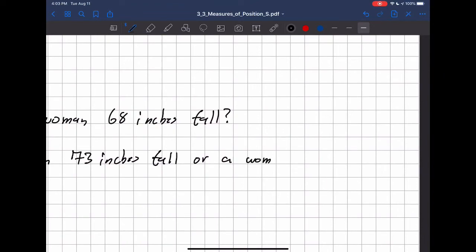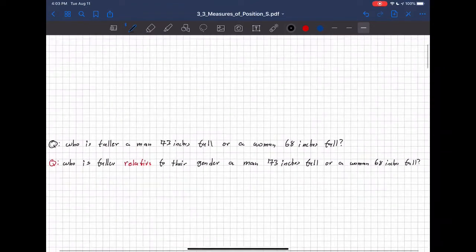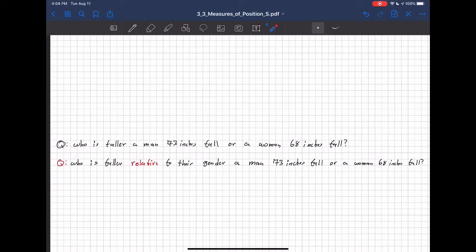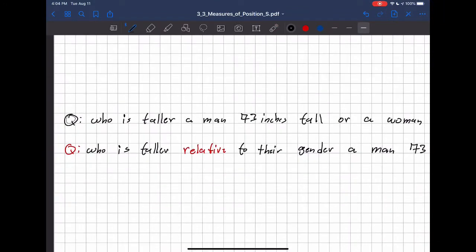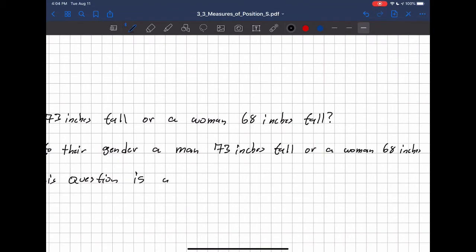So how do we answer this question? We have to come up with a new method, and something that we're going to talk about is z-scores. One way to answer this question is z-scores, and that's what we're going to talk about next.